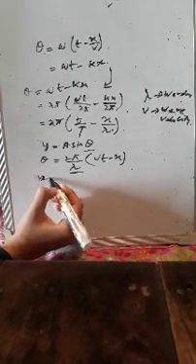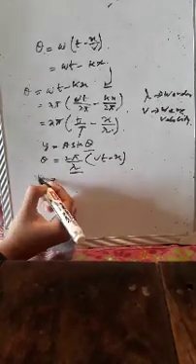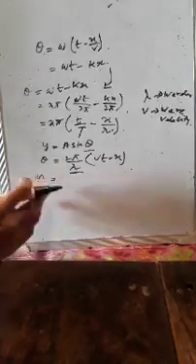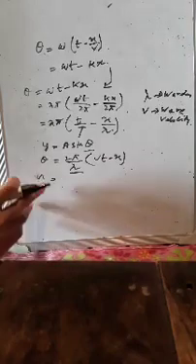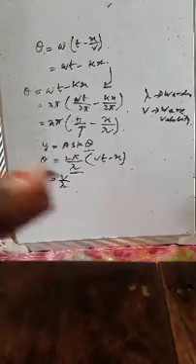We denote frequency by small n. So small n equals v by lambda.